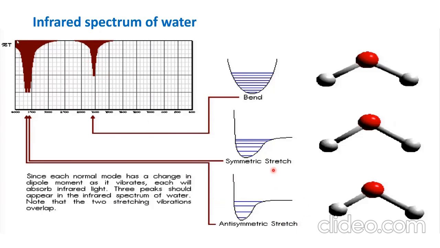The symmetric stretch will come in this region, and the anti-symmetric stretch will also be in the same region, very close to each other. But in the case of bending, the peak will be lesser, and we can observe the bending mode at a slightly lower frequency.